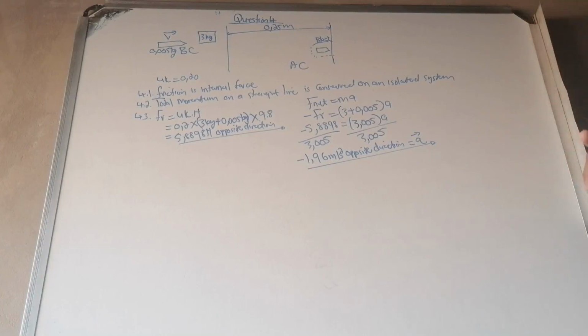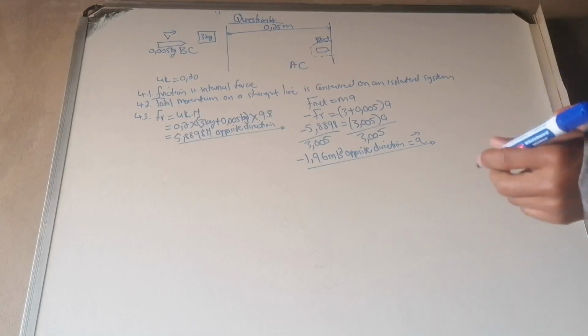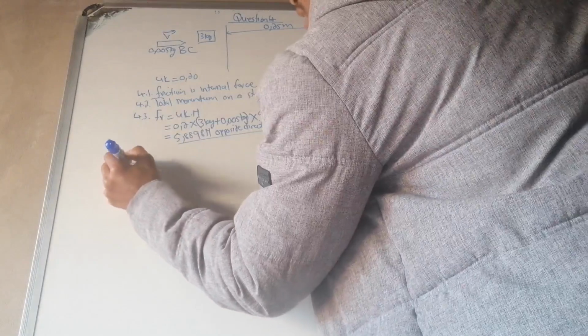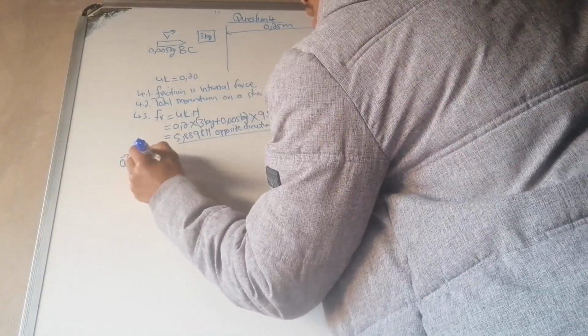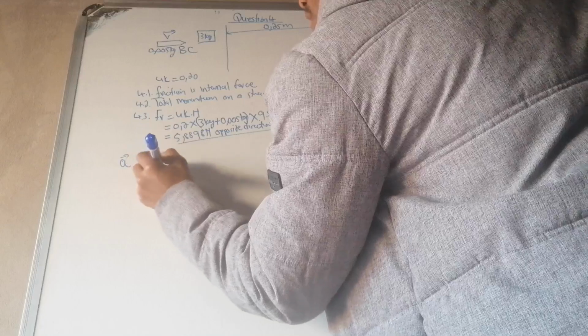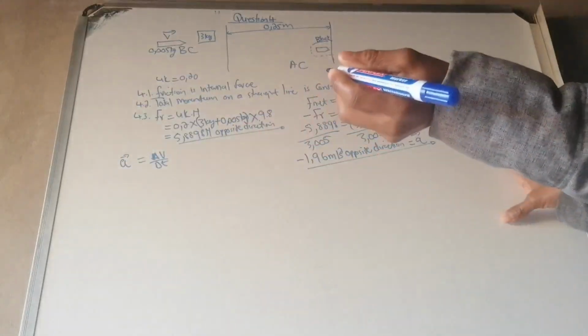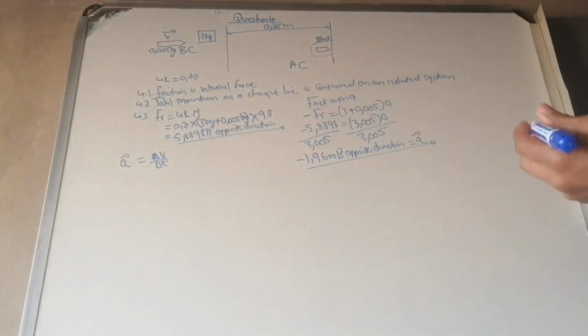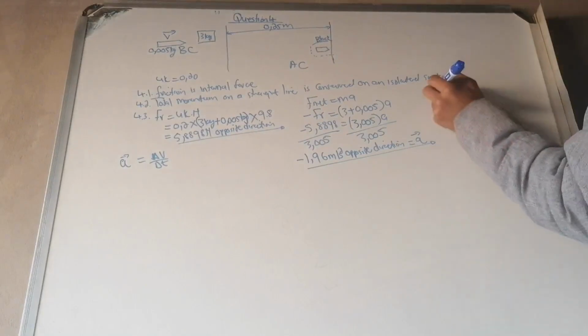Can I apply the equations of motion in here? I think so, because this is going to fail if I say acceleration equals change in velocity over the change in time. I don't have time.